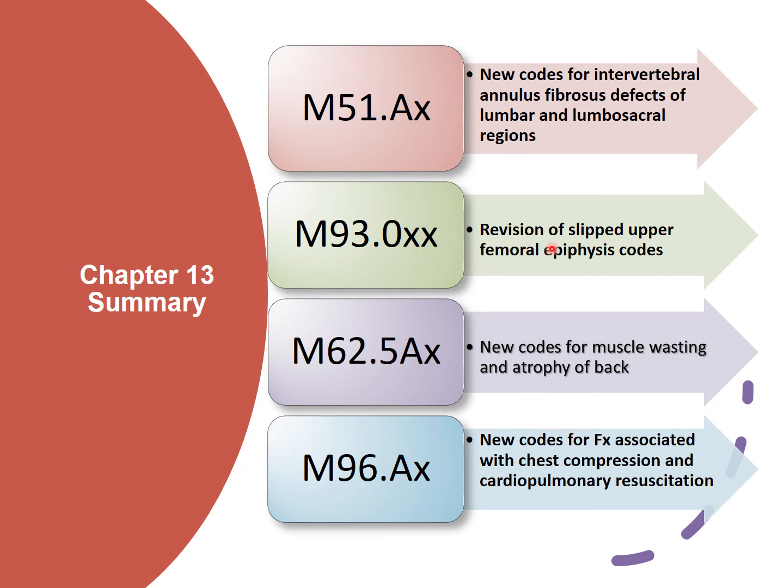Next is the revision of slipped upper femoral epiphysis codes to include the stability and laterality of the slip, and the new codes are M93.0XX. The new codes have been added for muscle wasting and atrophy of the back, that is M62.5AX. The new codes for the chest fractures associated with chest compression and cardiopulmonary resuscitation are M96.AX.